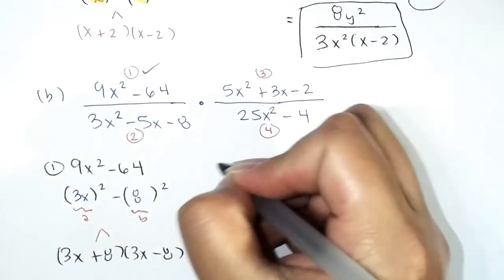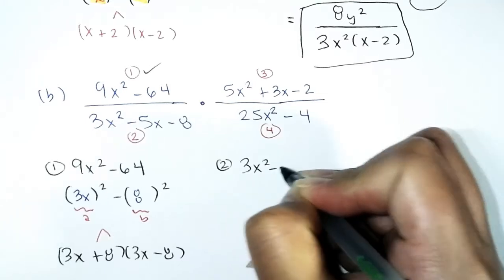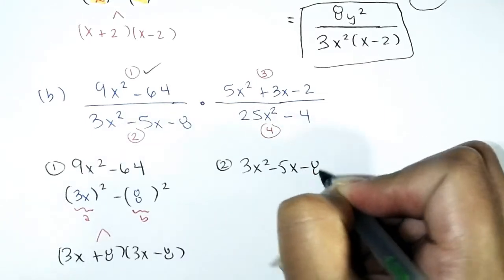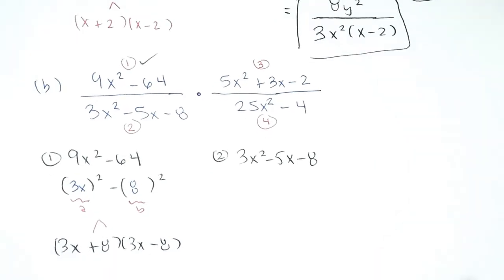So let's do this. Number 2, we have 3x squared minus 5x minus 8. Prerequisite step is to watch out for common factors. Unfortunately, there's no common factor to yank out. We got a trinomial. Is the leading coefficient 1? No. Because the leading coefficient is not 1, we're going to use the AC method to factor, or you can use whatever technique you came to the class with.